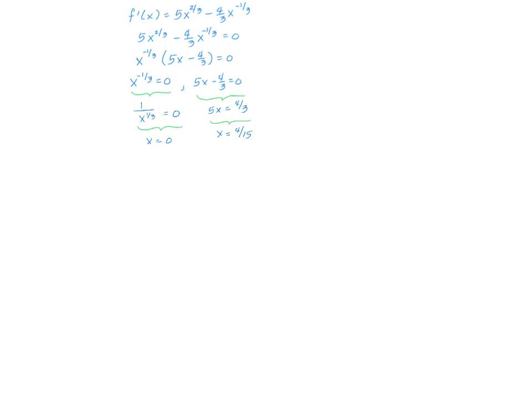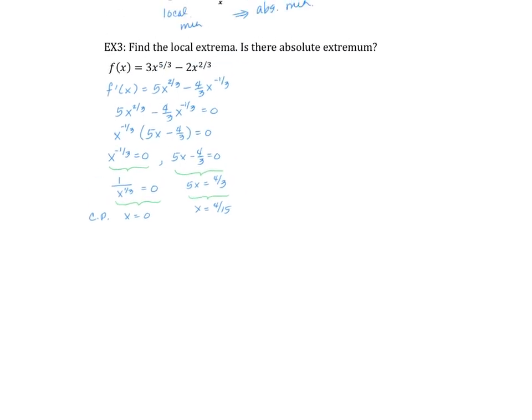So I have these two critical points that I'm going to use to break up my number line. Then I'll test on either side of those critical points to see if the derivative is negative or positive. Remember, I'm testing into my first derivative.